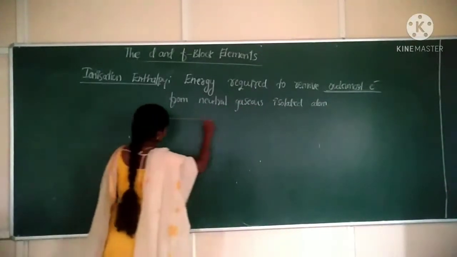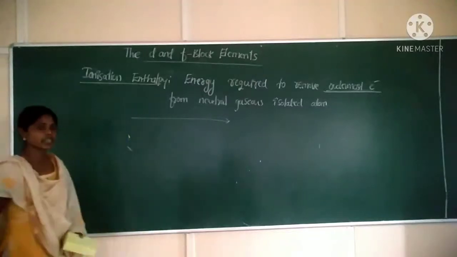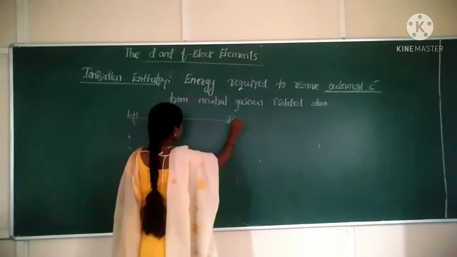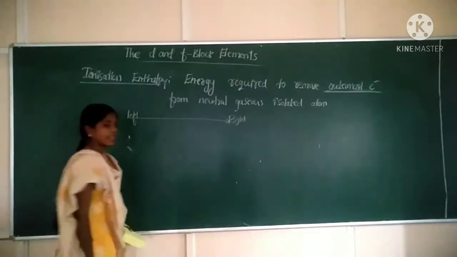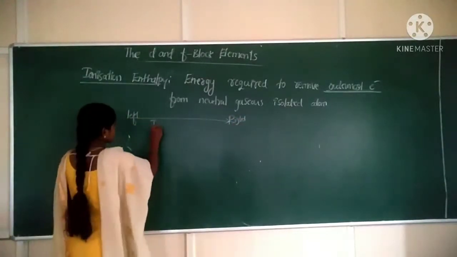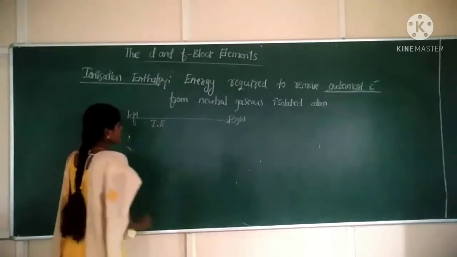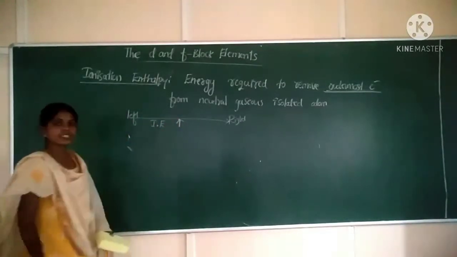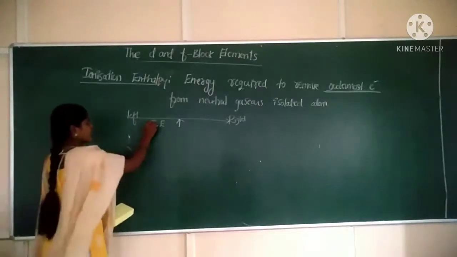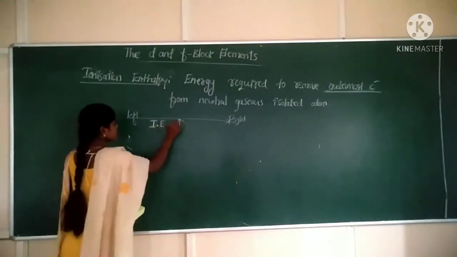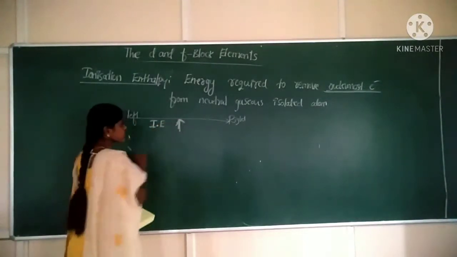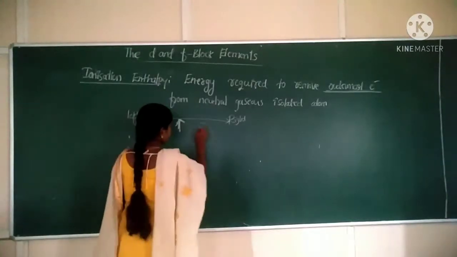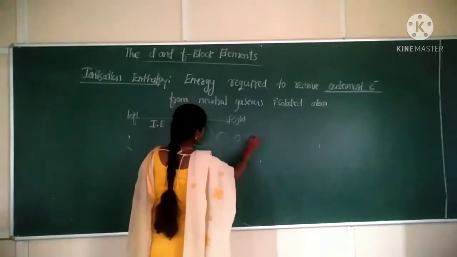Then what is the general trend? Across the period, when you move from left to right, ionization enthalpy increases, correct? Why does it increase? Because the size goes on decreasing.